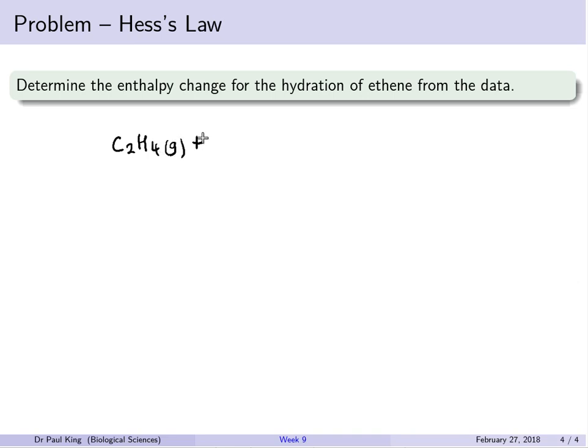It's the hydration of ethene, which goes as follows: the production of ethanol as the product here, and the enthalpy change we're trying to work out is this one here. And the way we're going to do it is the following.